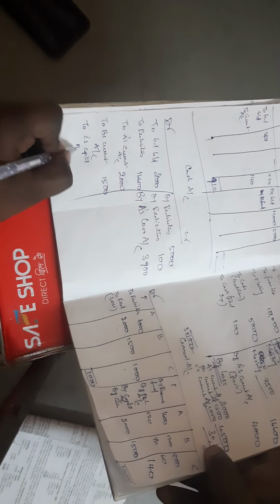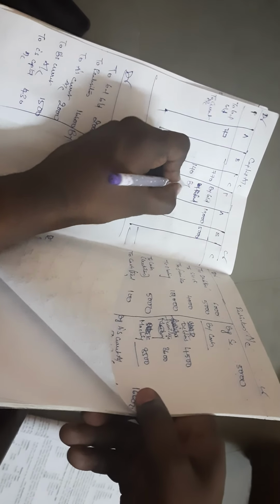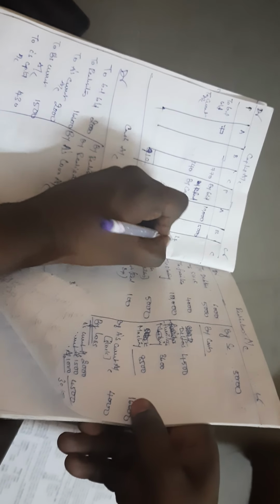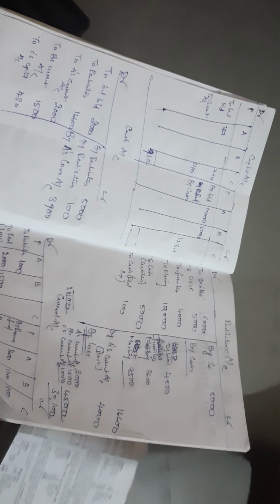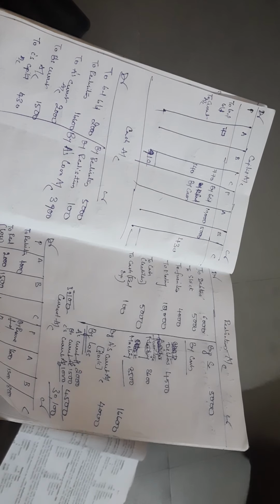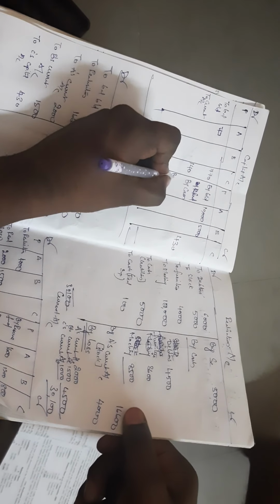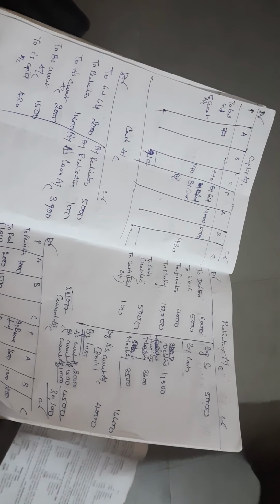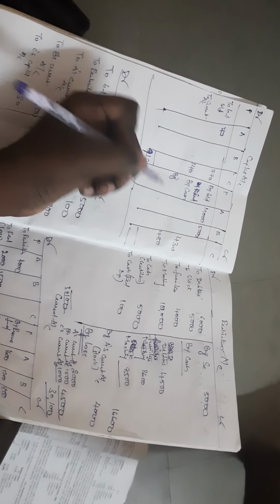To C's capital account 430 rupees, by cash 430 rupees. Now we have to calculate the actual deficiency. 910 minus 430, it is 480 is the deficiency.